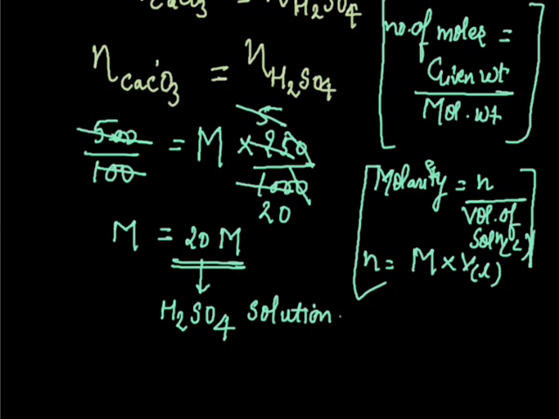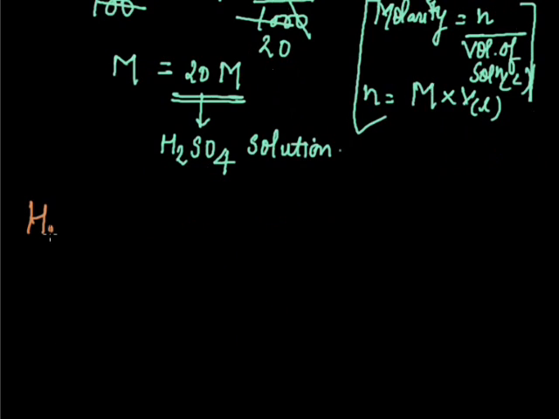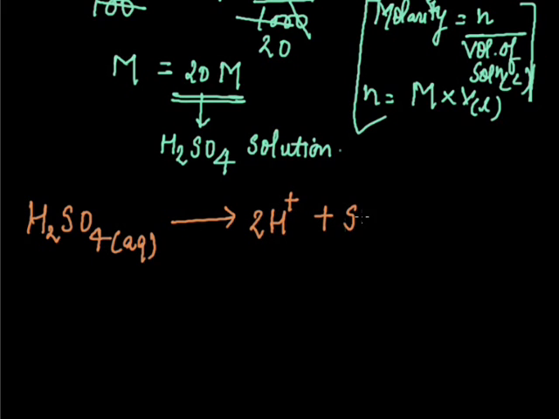Now we have to calculate the pH. So H2SO4 when dissolved in water gives 2H plus ion plus SO4 2 negative ion. From the equation it is clear that 1 mole of H2SO4 is equivalent to 2 moles of H plus ion.